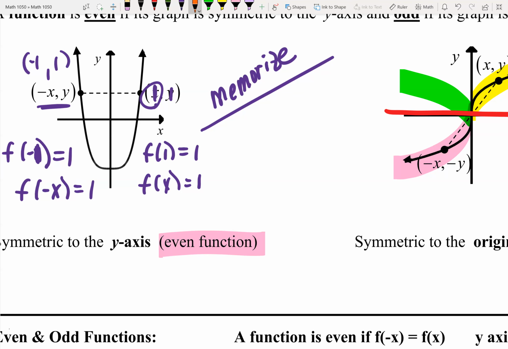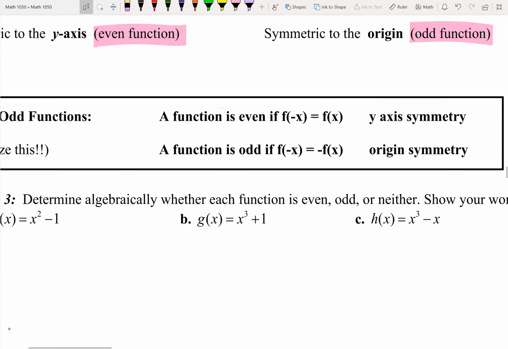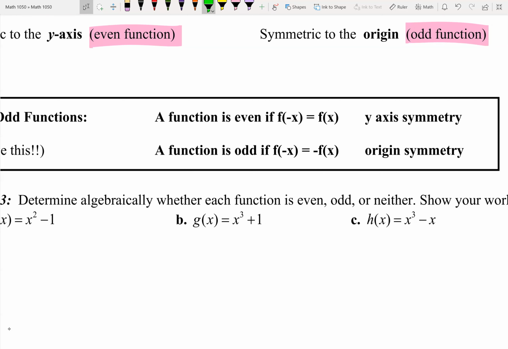So if something's even, that means f of x is equal to f of -x. The y value over here is the same as the y value on the other side. Who says I understand that? Okay, that's what this is saying. So if you look at the original right here, and then you put a negative in there, they're going to be the same. You have to get it memorized.